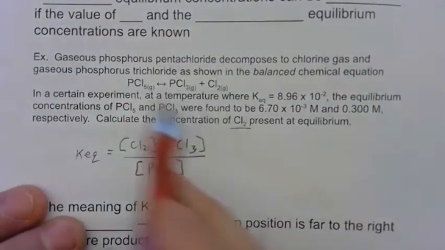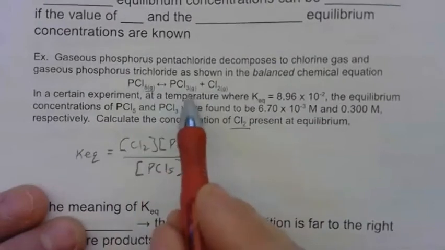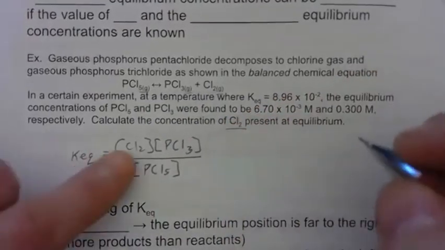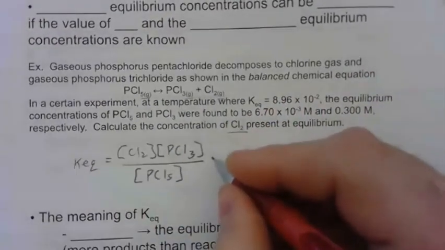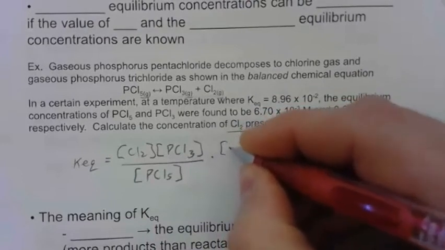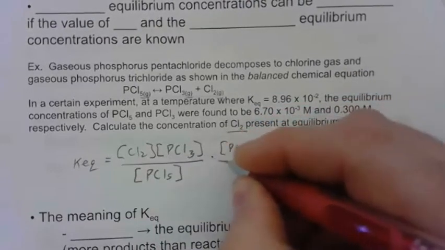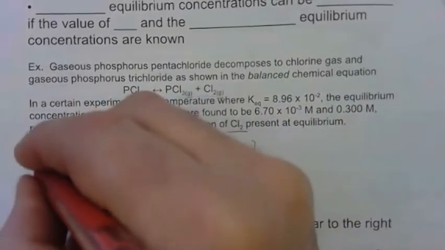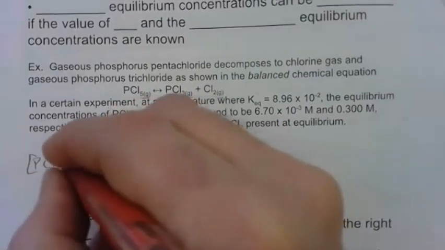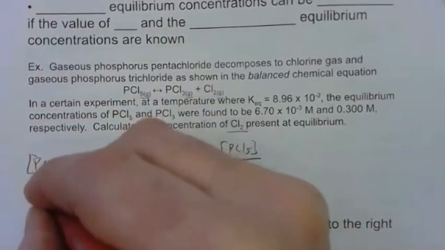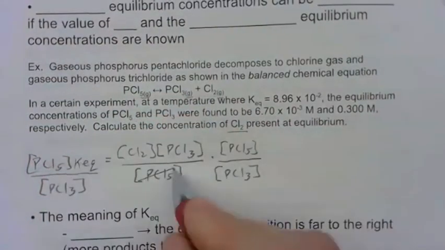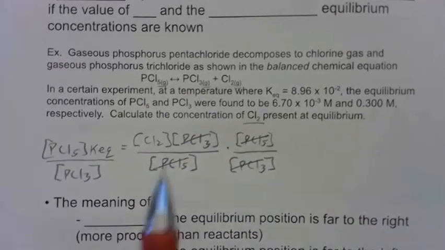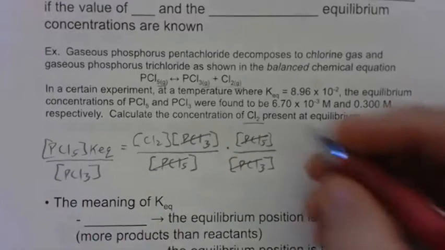Now I'm including all of it because, just like the last one, all of them are either gases or aqueous solutions. So now I want to solve for Cl2. That means I'm going to be multiplying both sides by PCl5 and dividing by PCl3. Those cancel out, leaving Cl2 is equal to this formula over here.